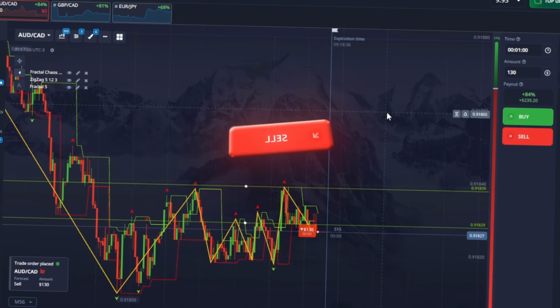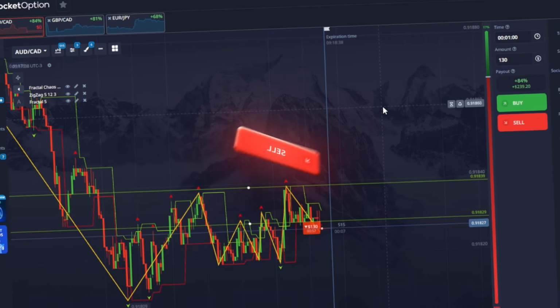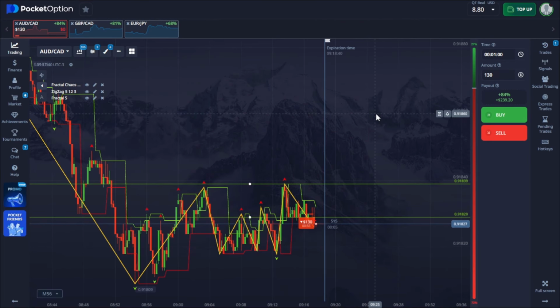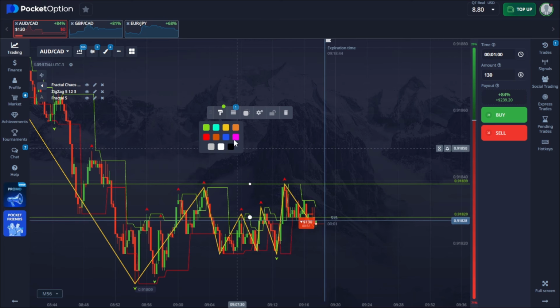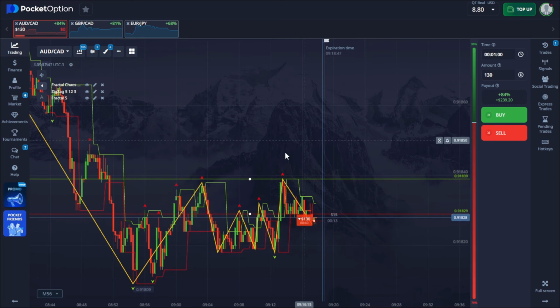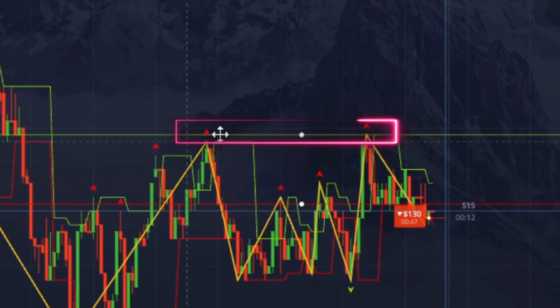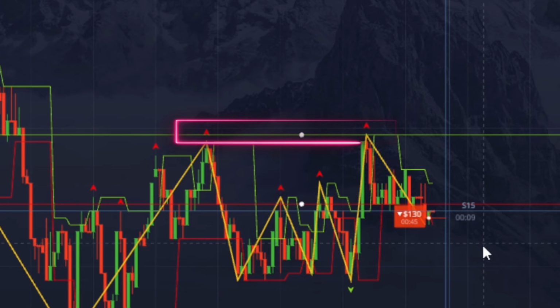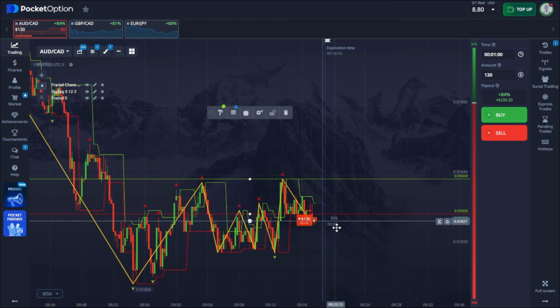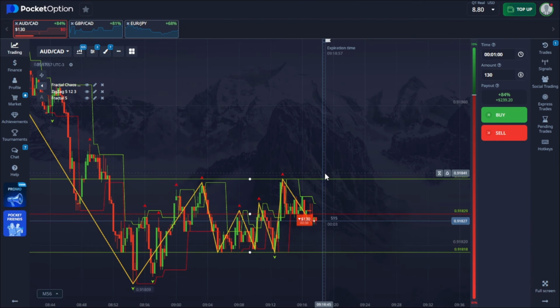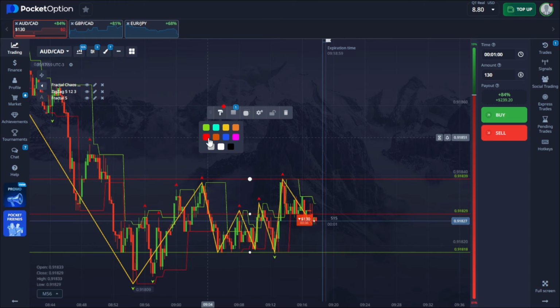Okay, just perform that 80 CAD again. It's the same pair. Downward again. And guys, the fractal chaos here. Alright. We got the line. We got this position. You can see that. So based on this, I entered down because I see that price is resistance going up.